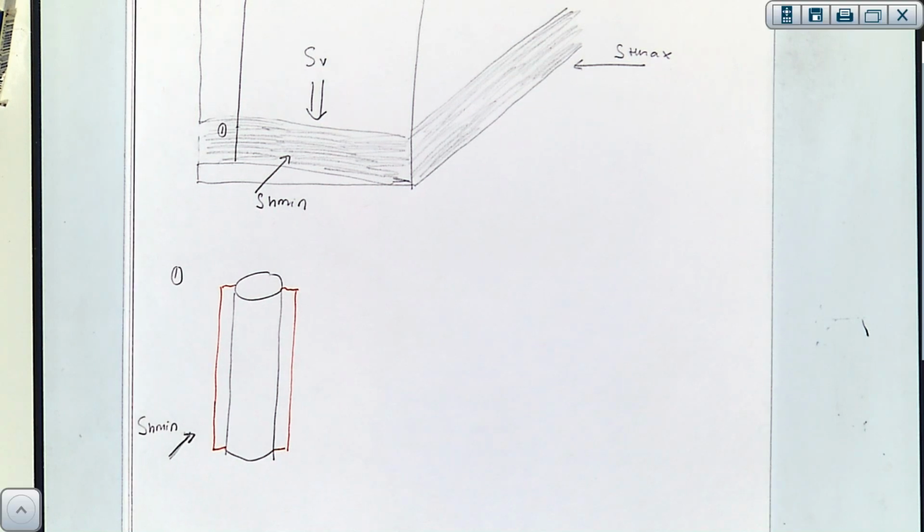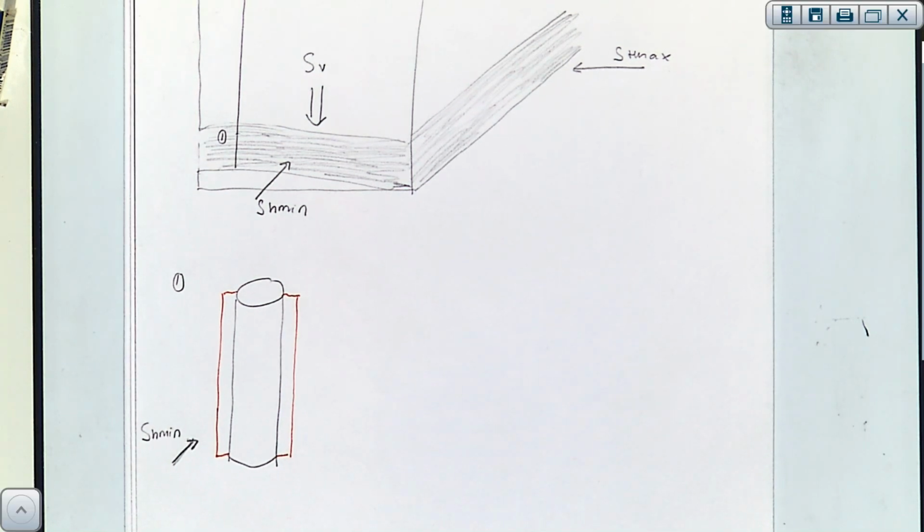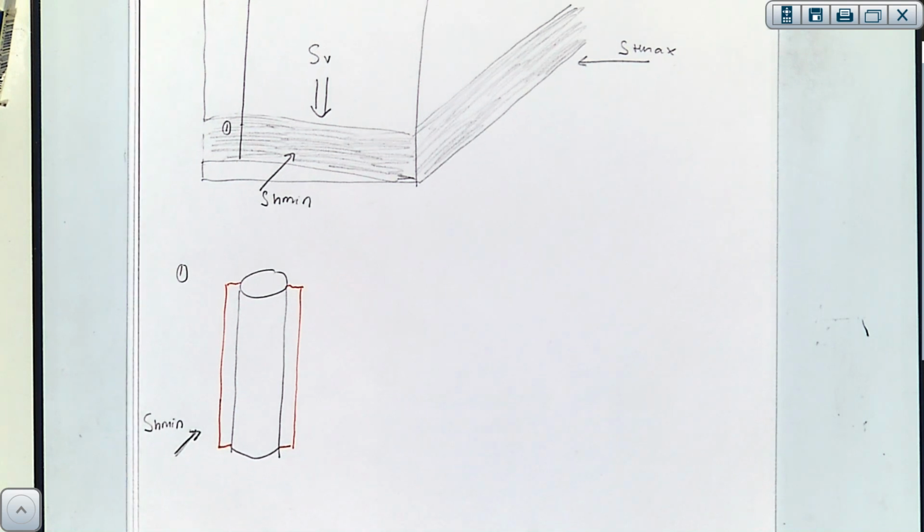How do you think they will grow? Remember that our principle, fracture or an open mode fracture, opens as a plane perpendicular to the least principal stress. So it's going to keep on the same plane, right?